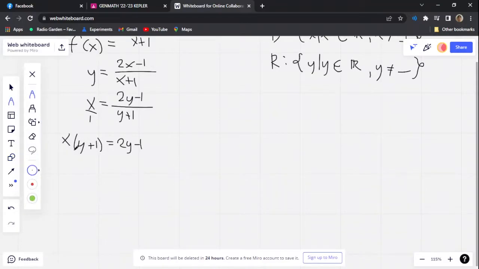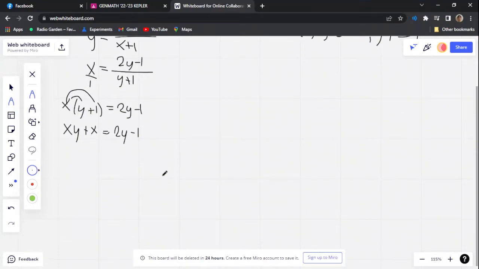Next thing to do is i-distribute na ang x sa parenthesis. So we would have xy plus x is equals to 2y minus 1. Next thing to do, ang sunod nga buhaton is to find terms nga naay y.